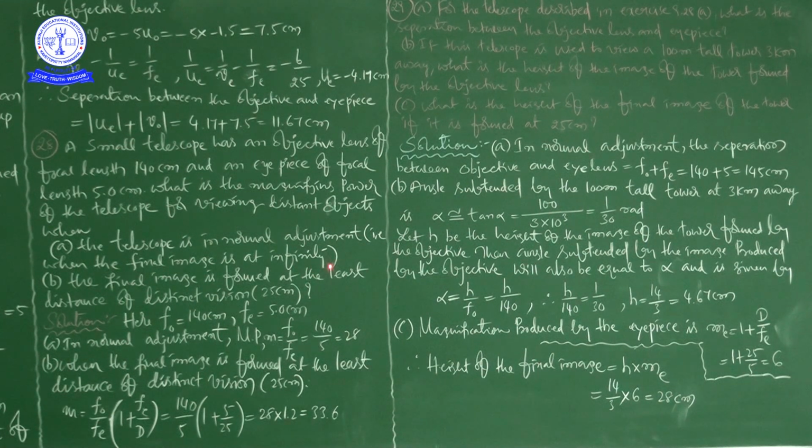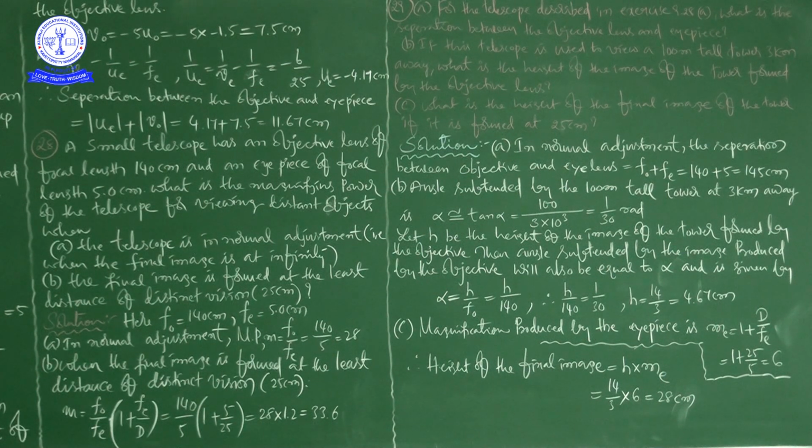B is when the final image is formed at the least distance of distinct vision, that is 25 centimeters. So in two cases we have to find the magnifying power of the telescope.